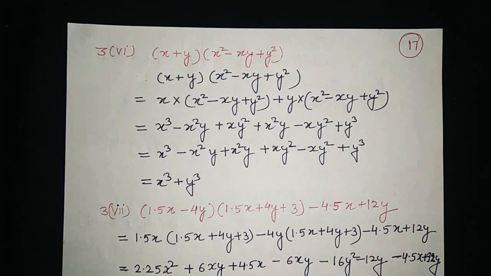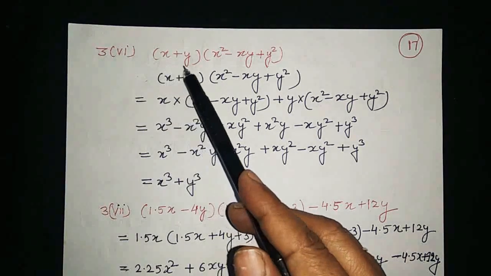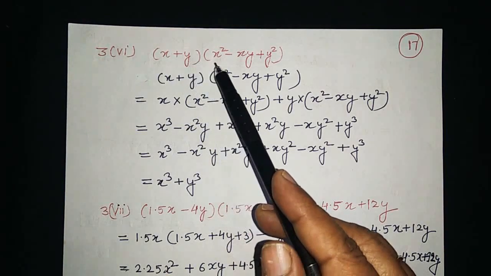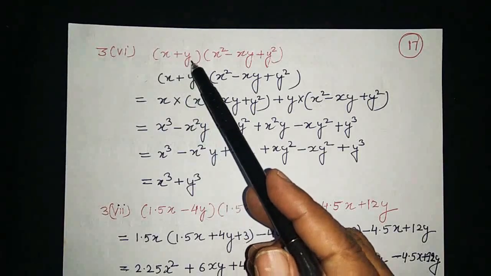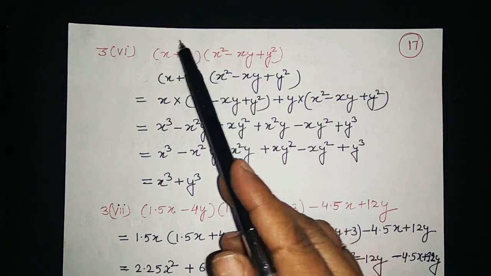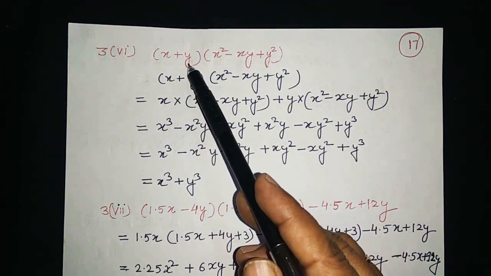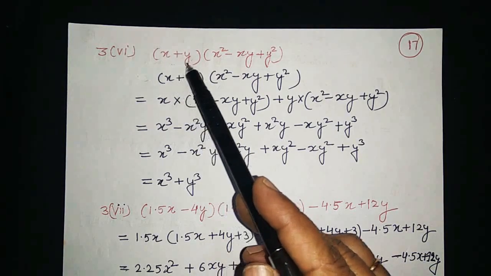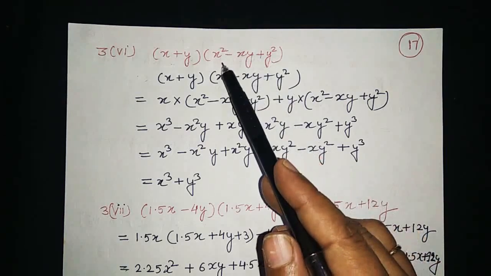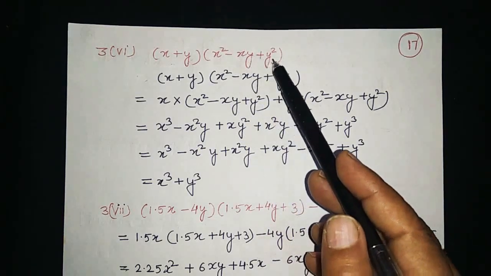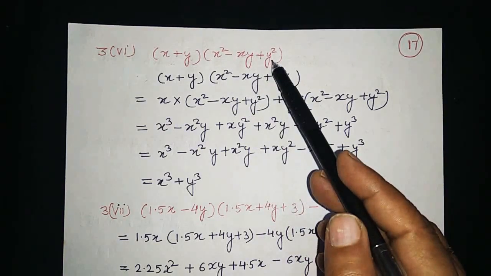Now children, see the sixth part of question number 3. Here we have to multiply a binomial by a trinomial. Here x + y has two terms, so it is a binomial, and the next expression x² - xy + y² is a trinomial.